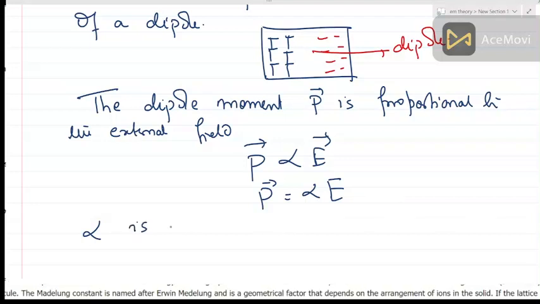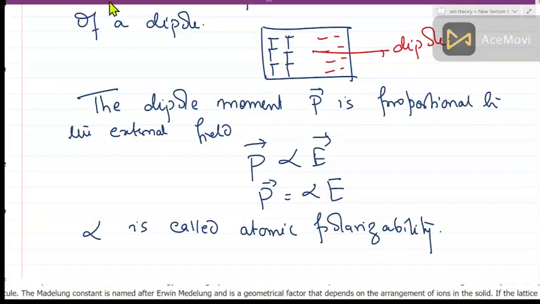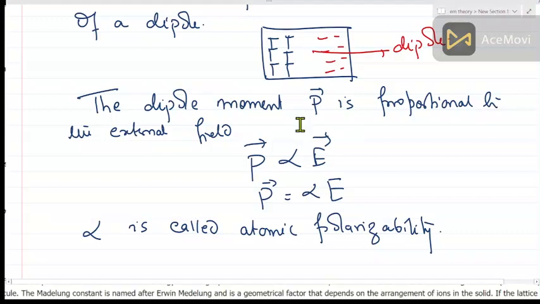P equals alpha E, and this alpha is called atomic polarizability, which is a very important factor in dielectric materials. Alpha is called atomic polarizability.